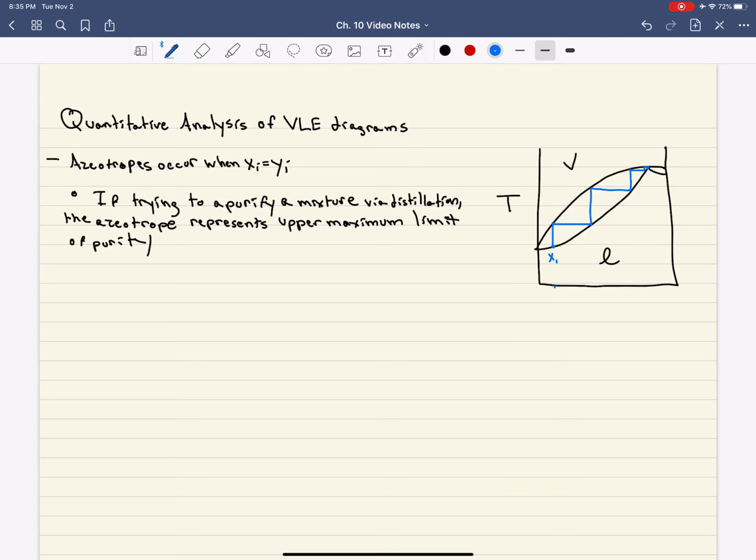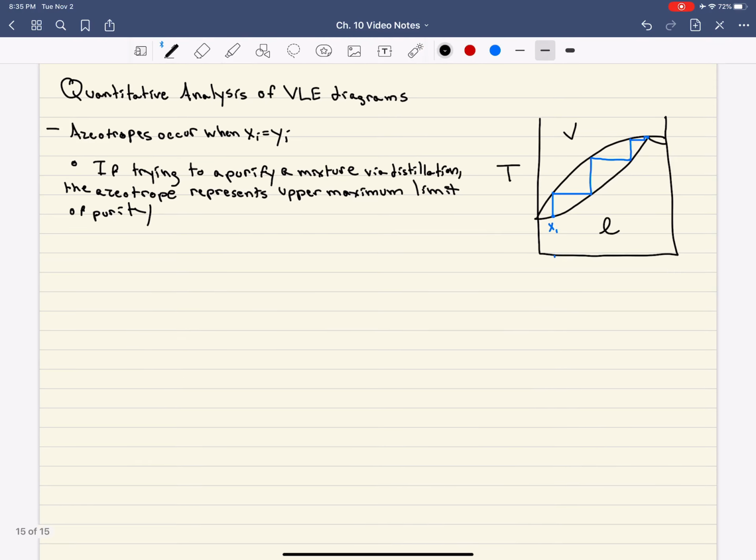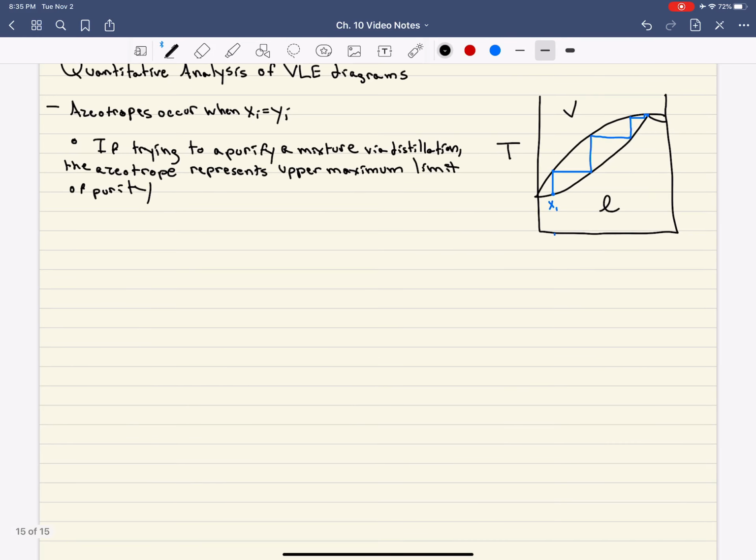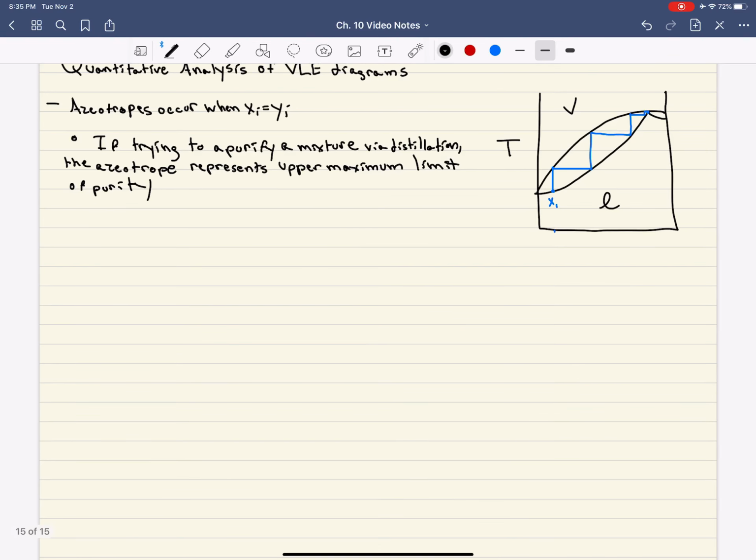So if you're trying to reach a very high purity, somewhere in here, but you had an azeotrope formation at a lower purity in the phase diagram, that means you wouldn't be able to get to that high purity that you want. Now, you'll learn more about that in your separations course. We won't look at it here in this thermal course.